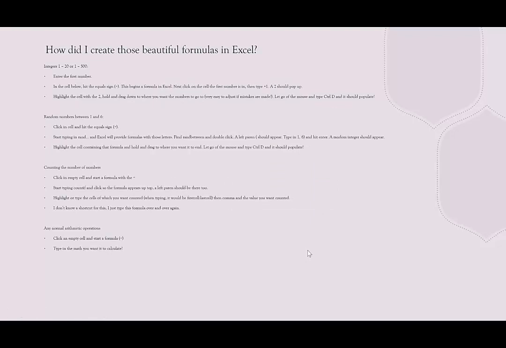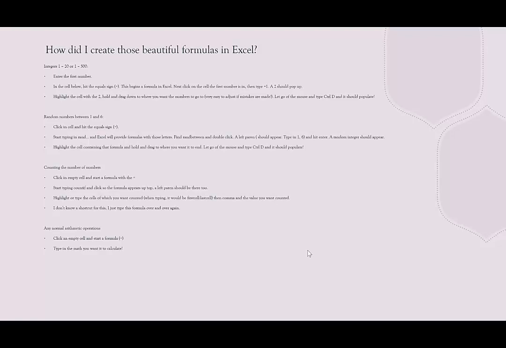One last thing before I go, just in case you were curious how I did those formulas in Excel. I know this is tiny font, but I tried to spell it out exactly as I would do it. For any formula, you always start in Excel with an equal sign, which indicates to Excel that we're about to do a calculation or a formula.